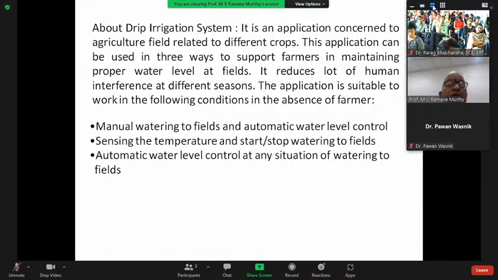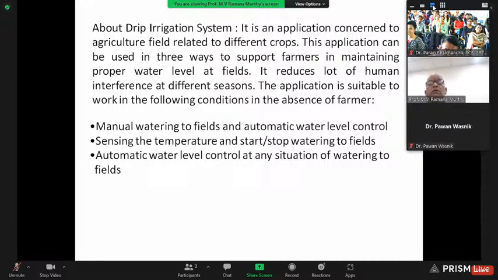The irrigation system is related to the agriculture field, and it is used for different crops. The application can be used in three ways to support farmers: maintaining the water level at the field, reducing human interference, and supplying the exact amount of water required for a crop.